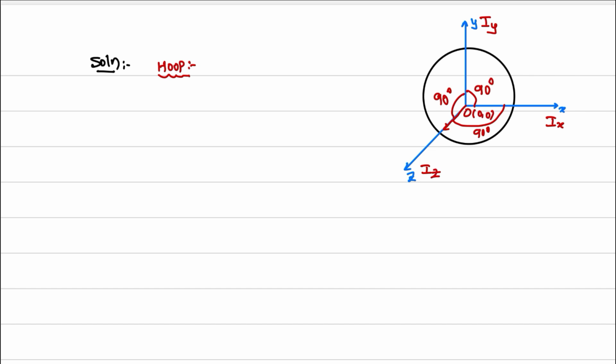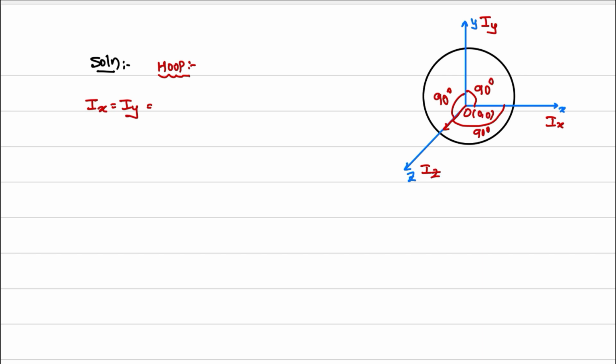What is Ix? Because it is a circular tire, a circular hoop, due to symmetry Ix is equal to Iy. We are taking the xy plane.